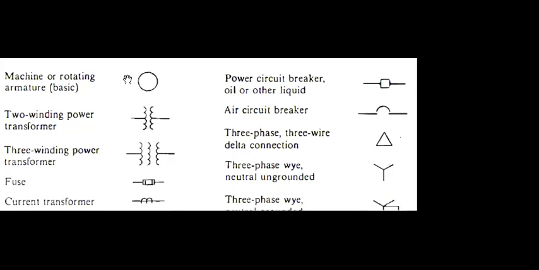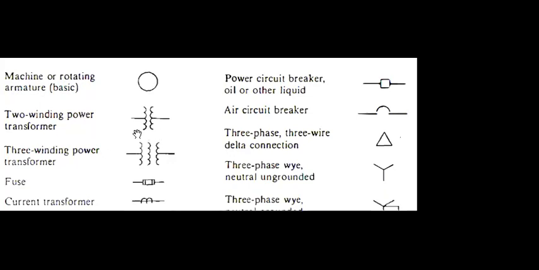Regarding the per unit notation, as already mentioned, when you have a generator or motor, a rotating device, you have to use the circular notation inside. For generator G and motor M, and the two winding power transformer, you already have the idea of that symbol from last semester.